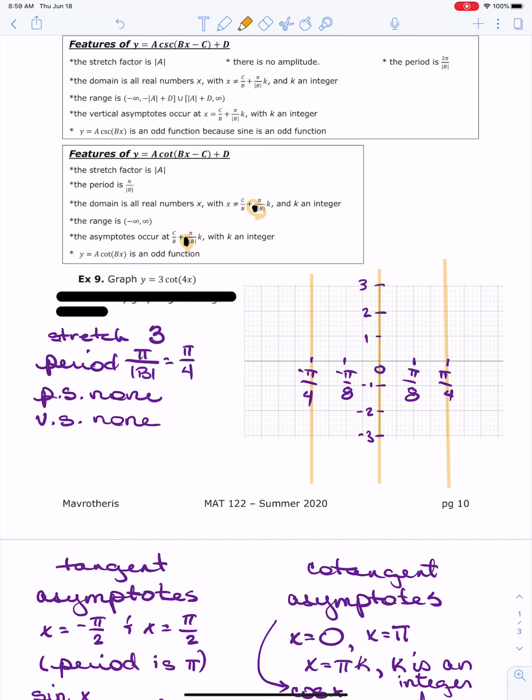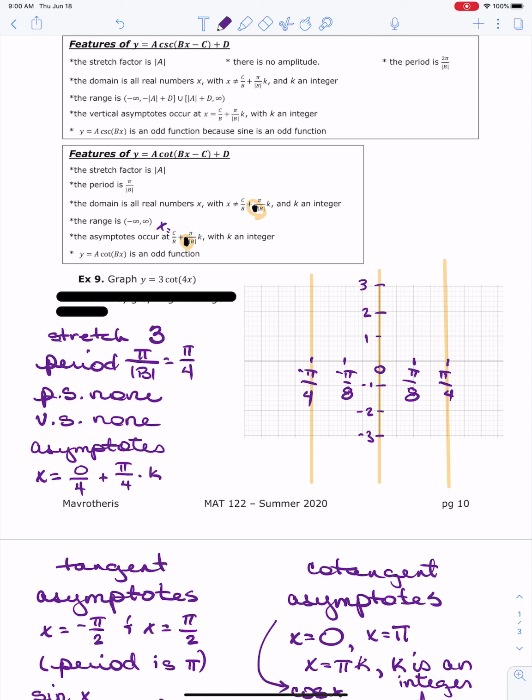Okay, we can double check with this formula above here. Asymptotes occur at x equals c over b, here c is 0, so that doesn't matter, plus pi over 4 times k.